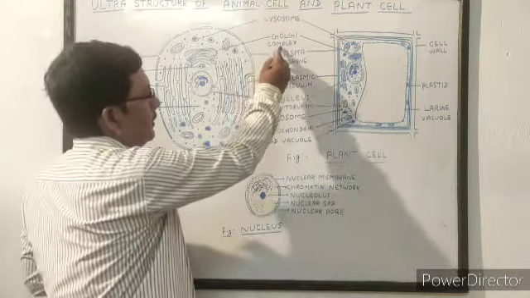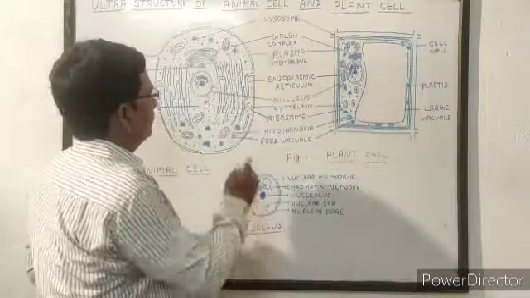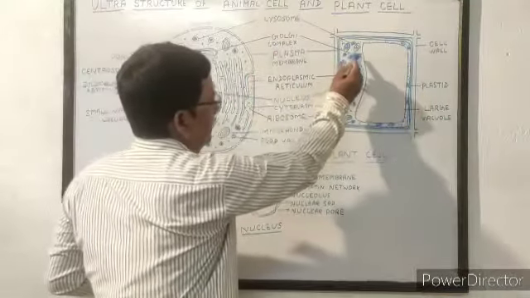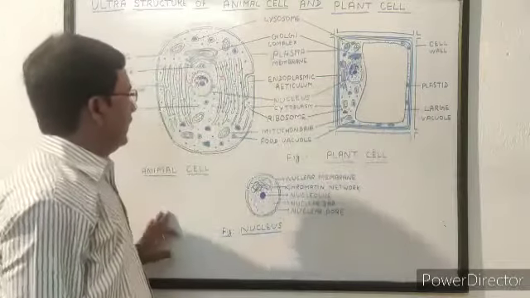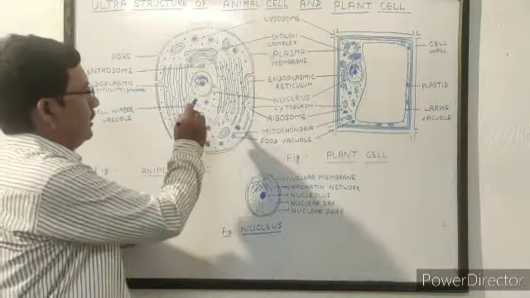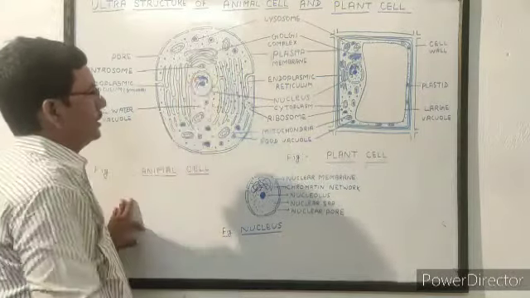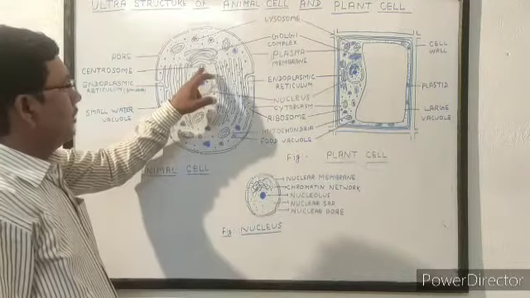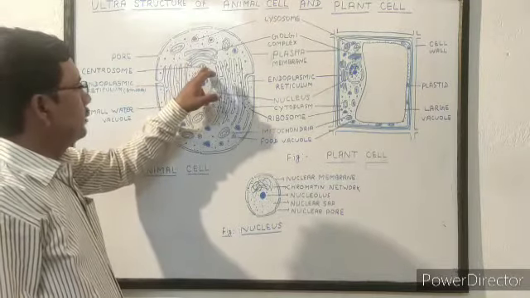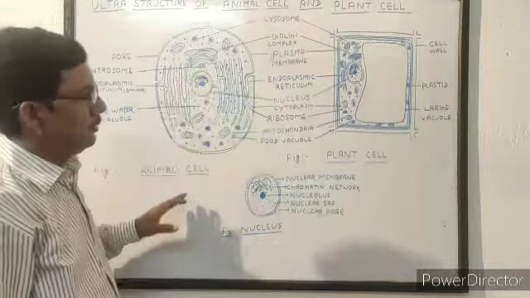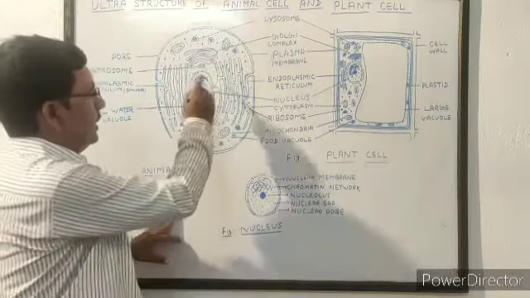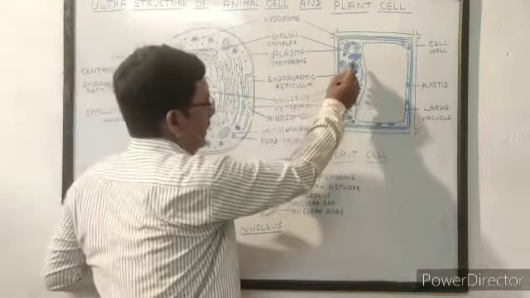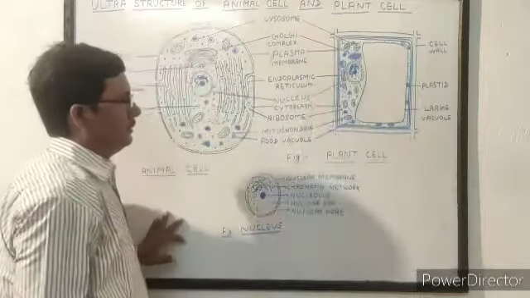Golgi complex present both in animal cell as well as in plant cell. In animal cell, there is only one Golgi complex found around the centrosome just above the nucleus. But centrosome is absent in plant cell.